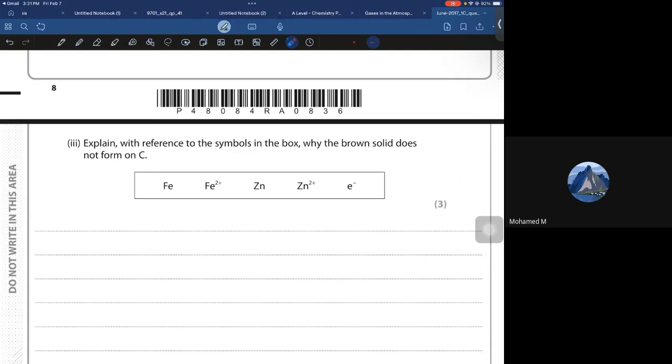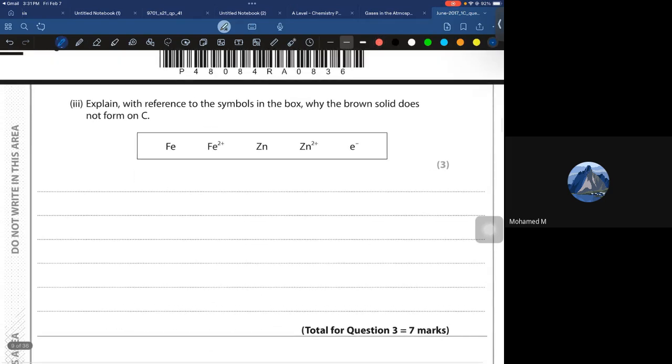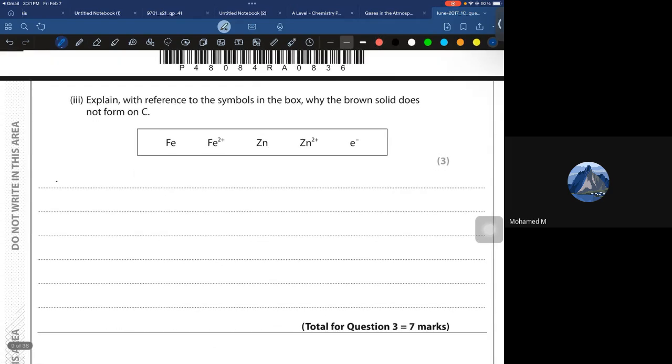You have to write in your own words. Number one, I would write: zinc is more reactive than iron in the reactivity series.